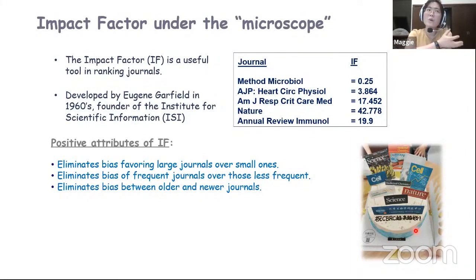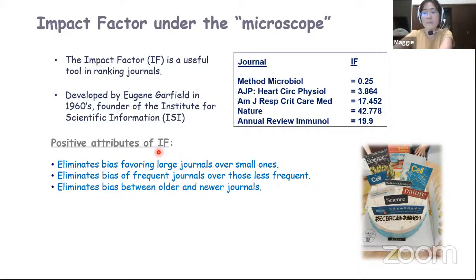If a journal is large, for example publishing 10,000 articles every month, its citation count should be higher because it publishes more papers, so more people have a chance to cite them, giving a higher impact factor. However, if we divide the total citations by the total number of articles, we can eliminate this bias favoring large journals over small ones.